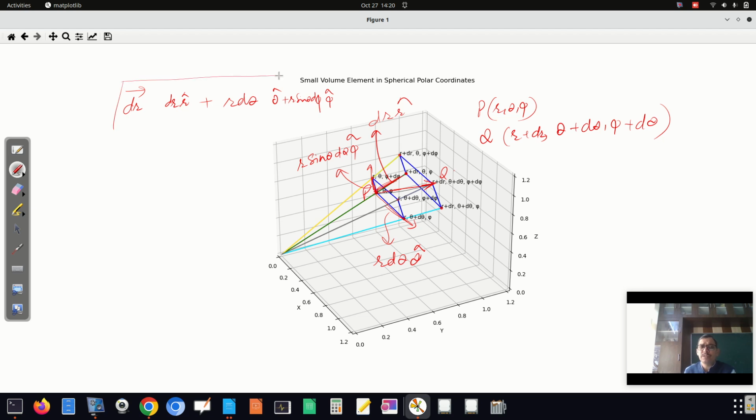So this is how the line element can be written, right? Now I will talk about how this r sine theta d phi comes out to be along this side, and r d theta comes out to be this length basically. I will talk about it right now when I talk about the area elements. So let us go to that now.